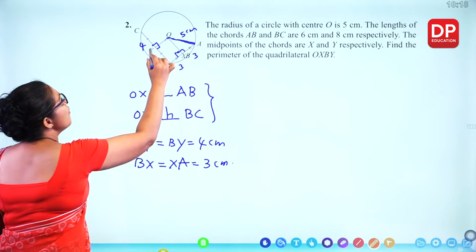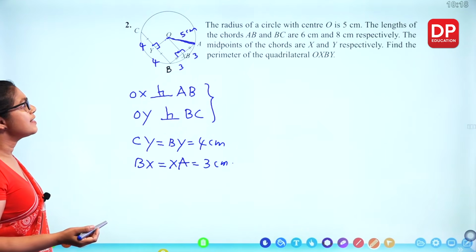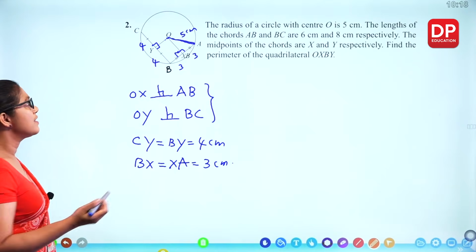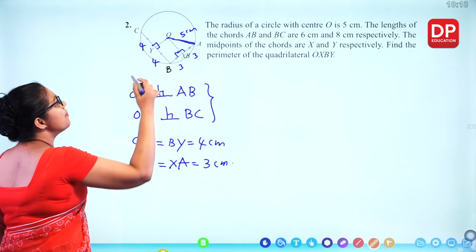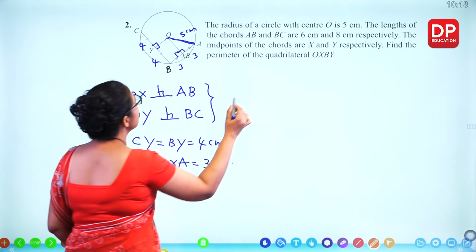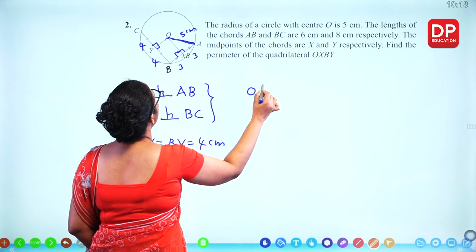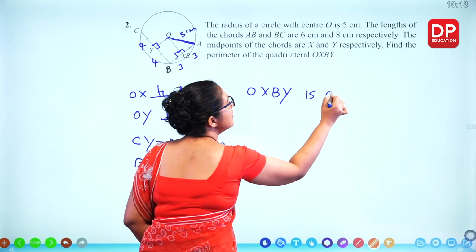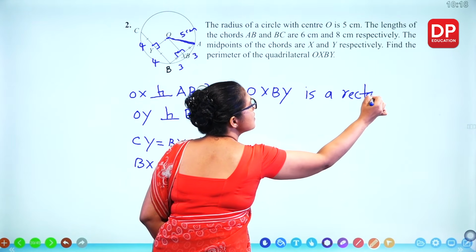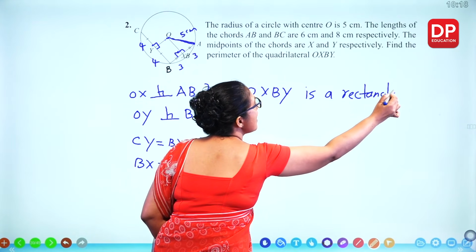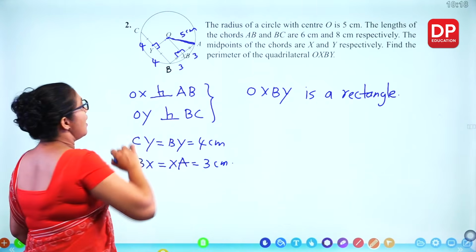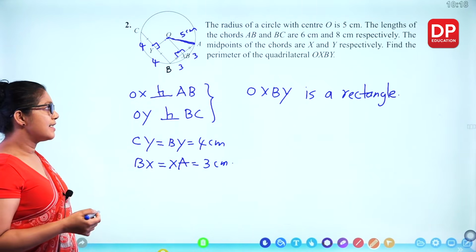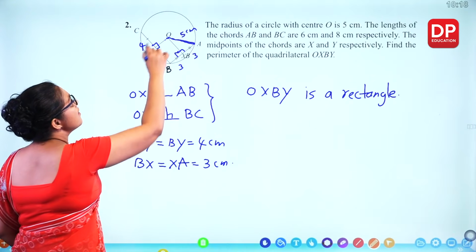Now, we know this is 90 degrees. So what can you say about this diagram? This is a rectangle. We can write OXBY is a rectangle because all the angles inside are 90 degrees.